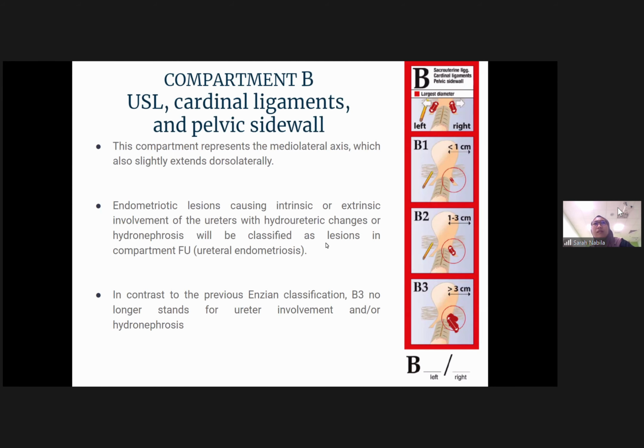For compartment B, it involves the uterosacral ligament, cardinal ligaments, and pelvic side wall. So this is actually the medial lateral axis, which also slightly extends dorsolaterally. However, this medial lateral axis sometimes can cause intrinsic or extrinsic involvement of the ureters with hydroureteric changes or hydronephrosis.